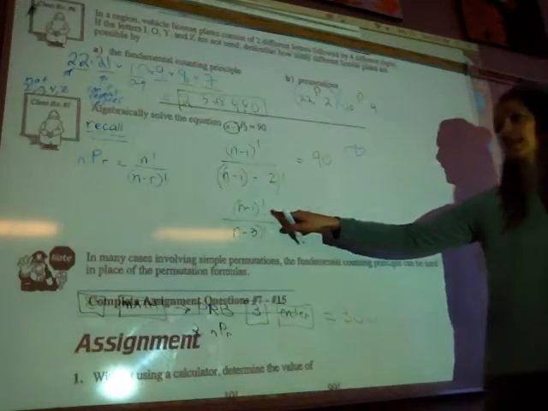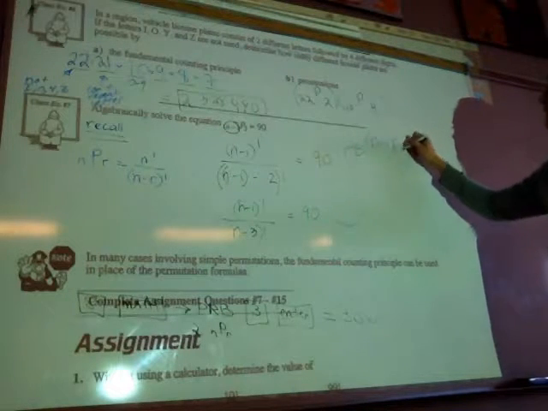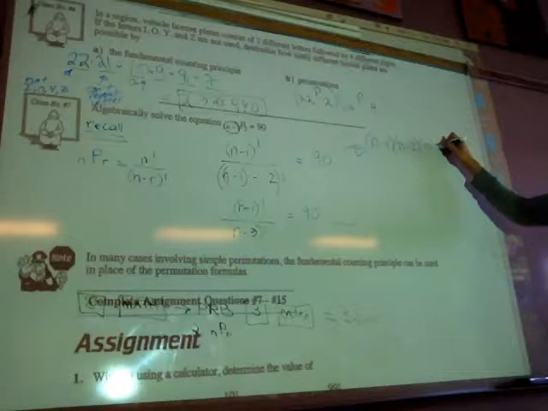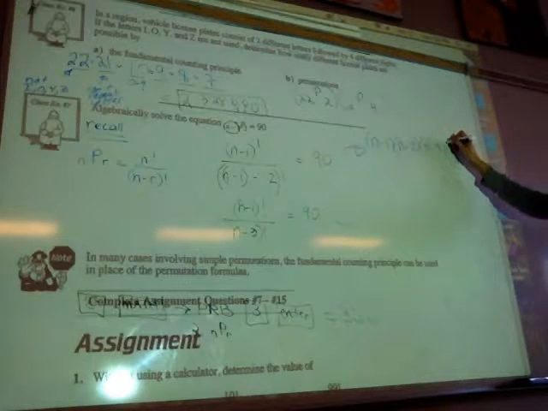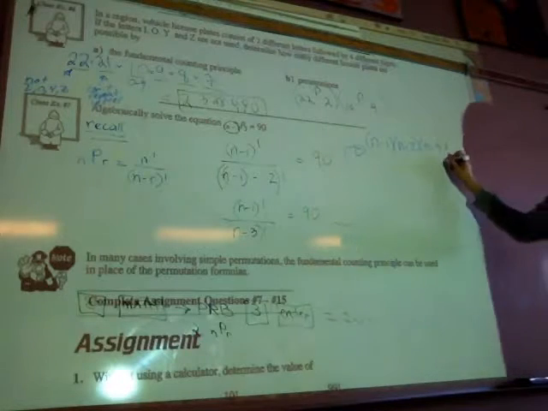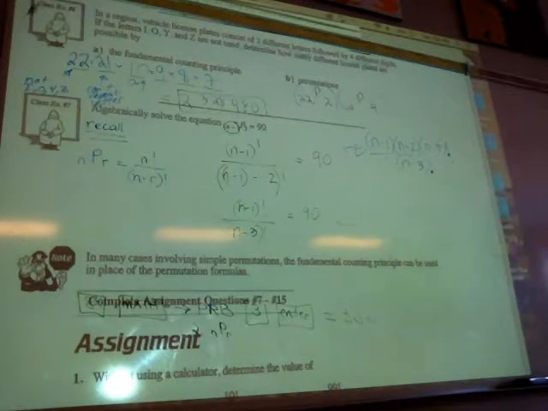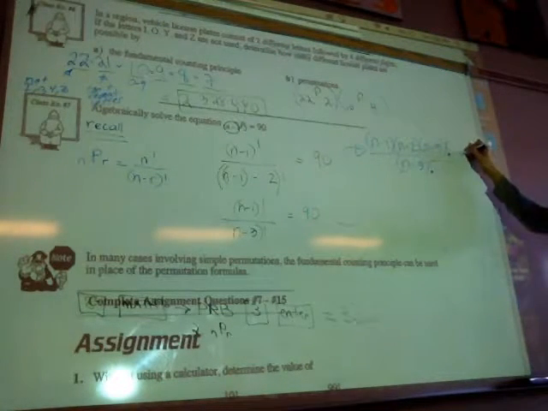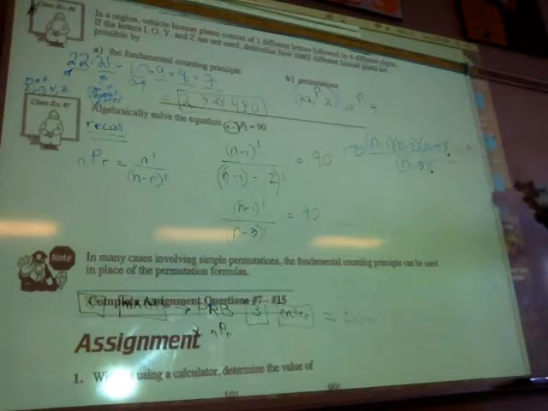Well, I can expand n minus 1 factorial, and I get n minus 1 times n minus 2 times n minus 3. Do I keep going? Why not? Because we have n minus 3 in the denominator. So let's stop there. Okay, n minus 3 factorials will cancel out. And now I have n minus 1 times n minus 2 equals 90.